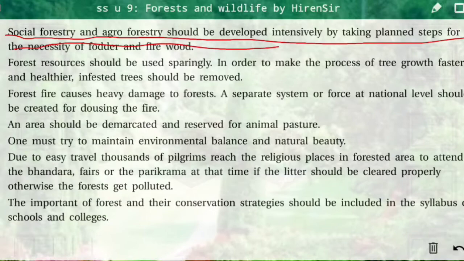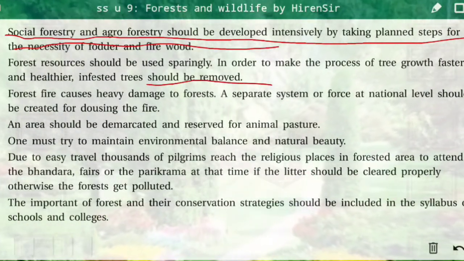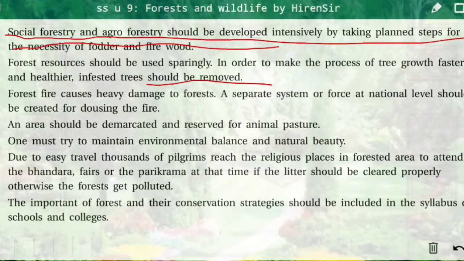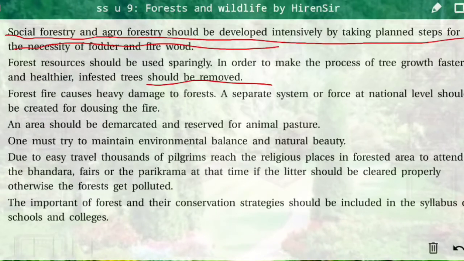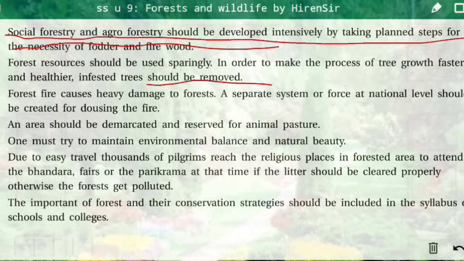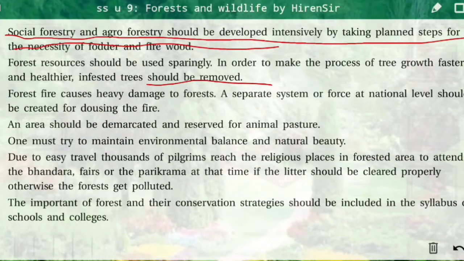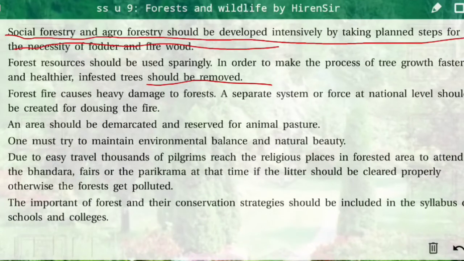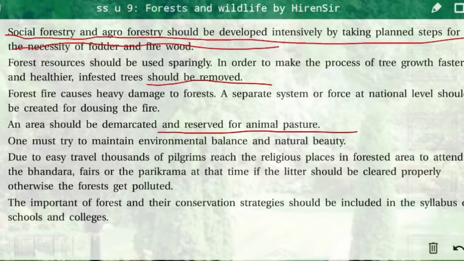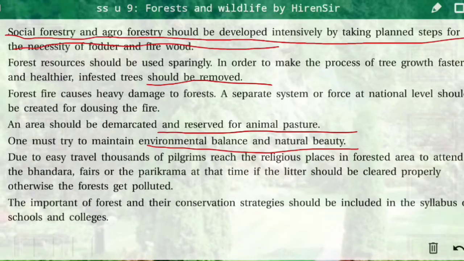Infected trees should be removed. Forest fire causes heavy damage to forests. A separate system or force at the national level should be created for dousing fires. An area should be demarcated and reserved for animal pasture.